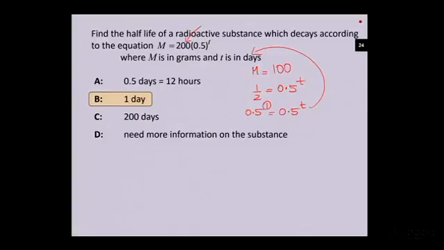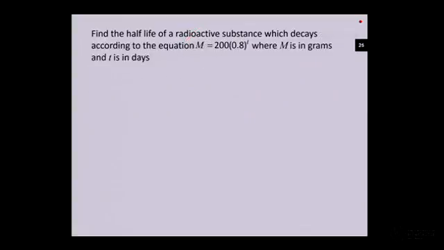All right? He also has a group of questions here. Again, this is not in there, but you might want to go back and just see the style of question. Get used to it. You get them in your tute as well. Find the half-life. So again, I'll just set this up. It's asking you for the t value, which decays according to this particular equation.